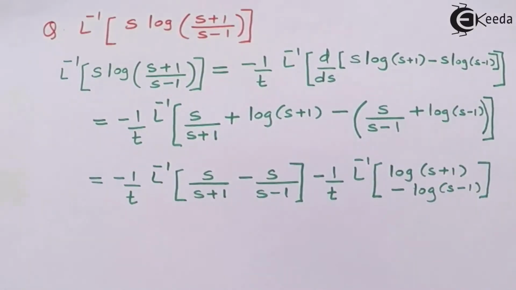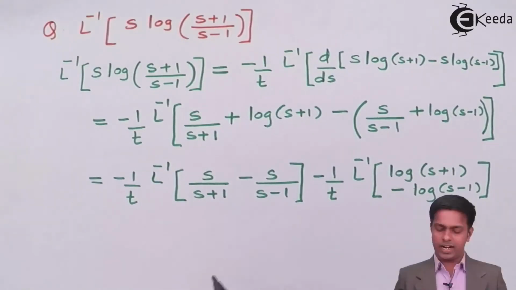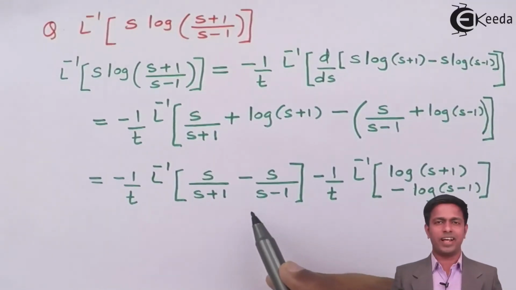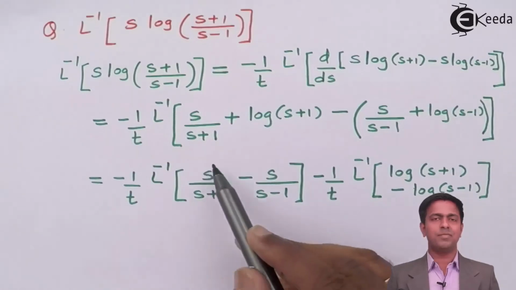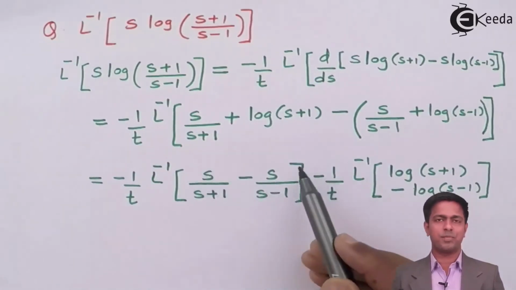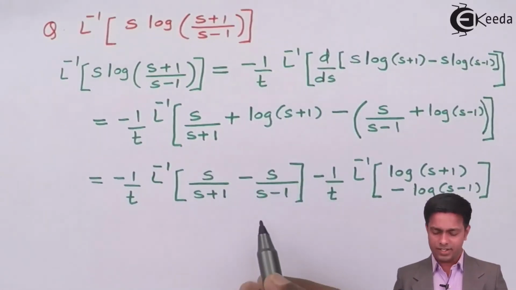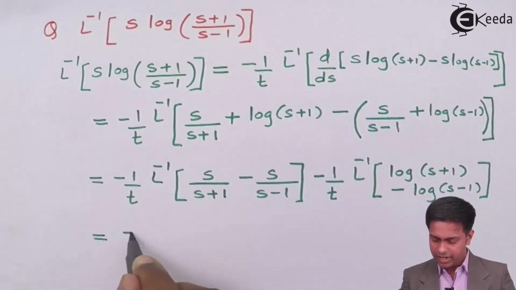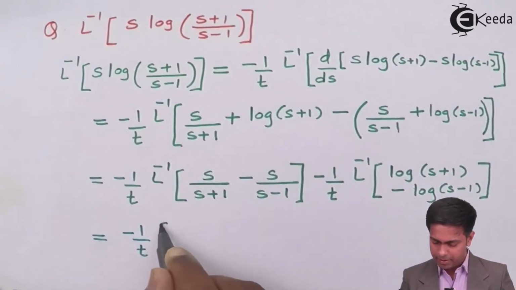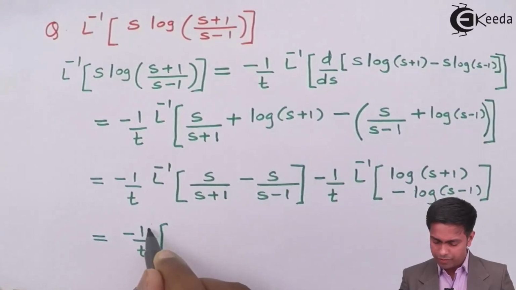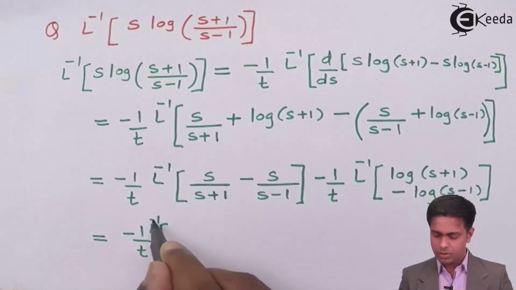Now here, as I said, I'll be finding the LCM. So I'll do the cross multiplication and then multiply the denominators. So here we'll get negative 1 upon t in the bracket, and obviously it is Laplace inverse.